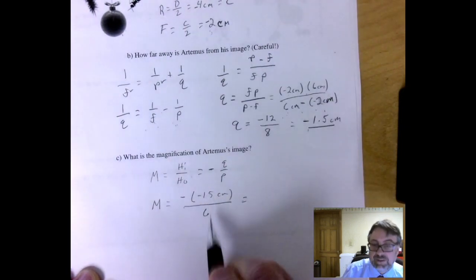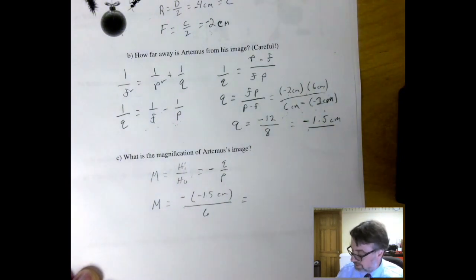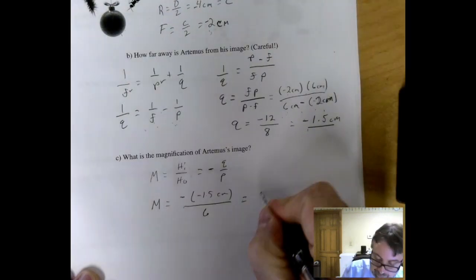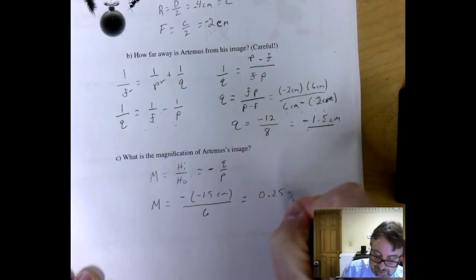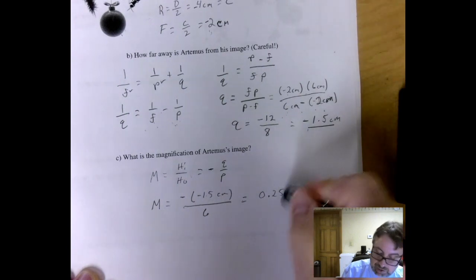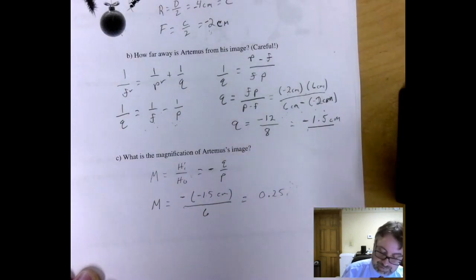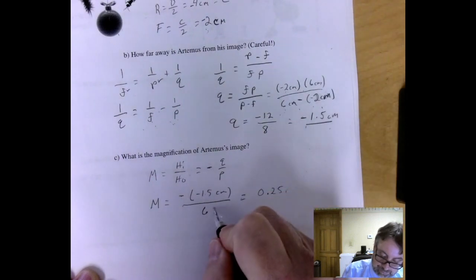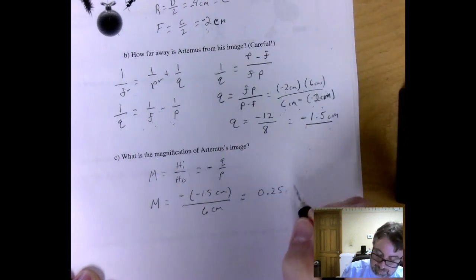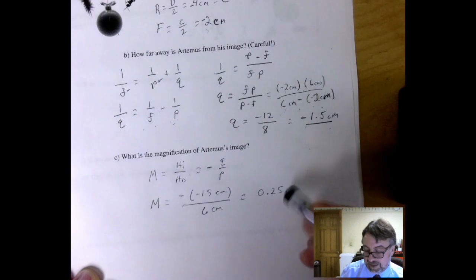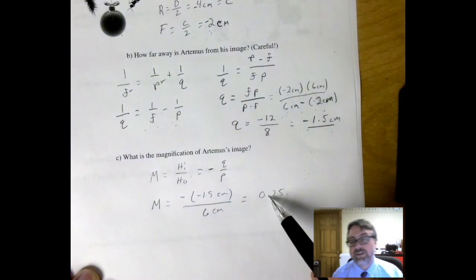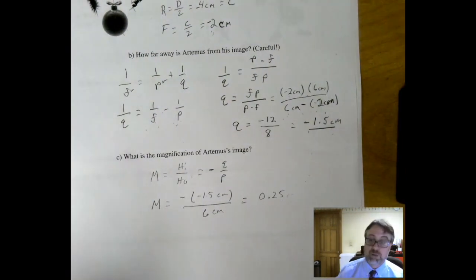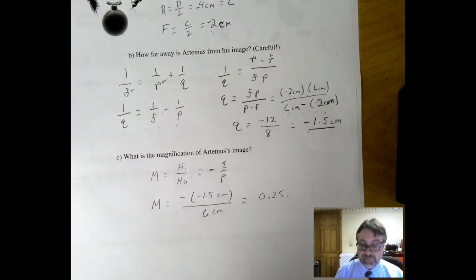So this is simply going to be 1.5 divided by 6, which is 0.25. Sorry, no unit. It's a ratio. Notice that the magnification is a positive number because the image will be upright. So there we go.